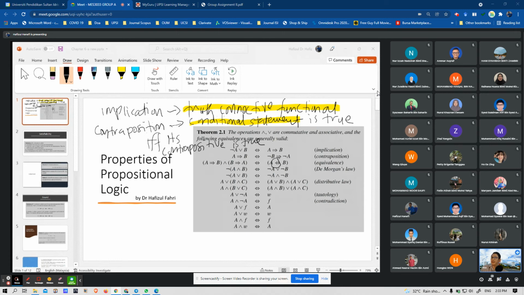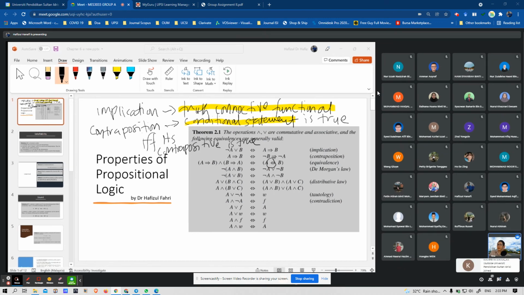For example, we have the negation of A and B, the conjunction, which is equivalent to negate A or negate B. So the conjunction, by De Morgan's law, becomes a disjunction.